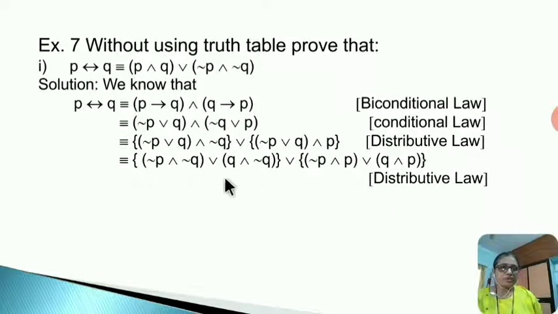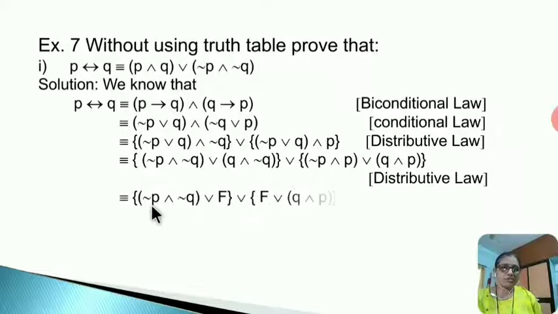Now in the first bracket, see the second part, Q and negation Q. Here we use which law? Complement law. Again here we use the complement law. Q and negation Q is false. Negation P and P is again false.